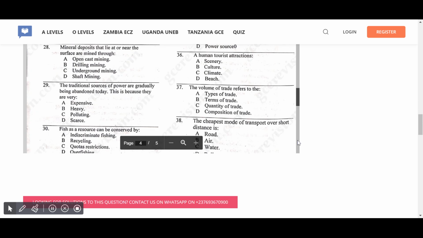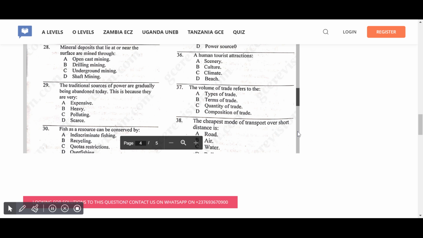Question 36. A human tourist attraction is... The answer is B. Culture.